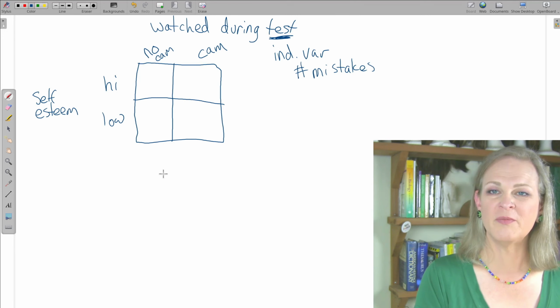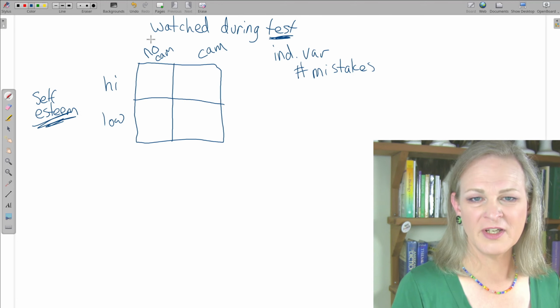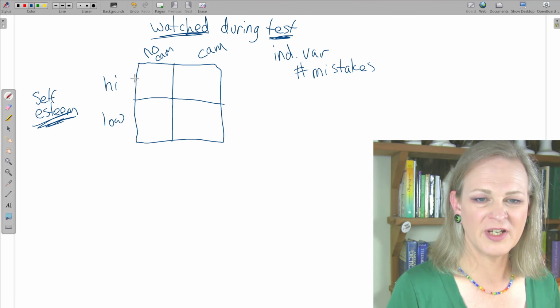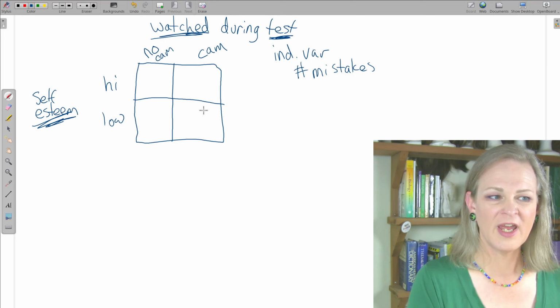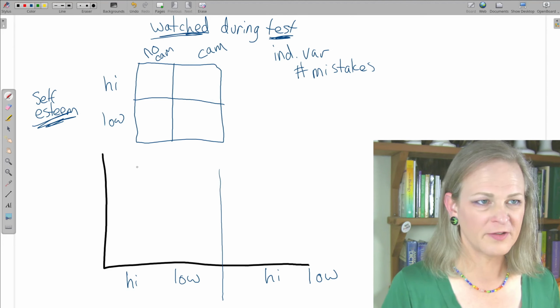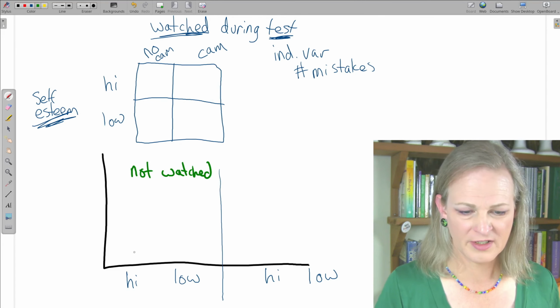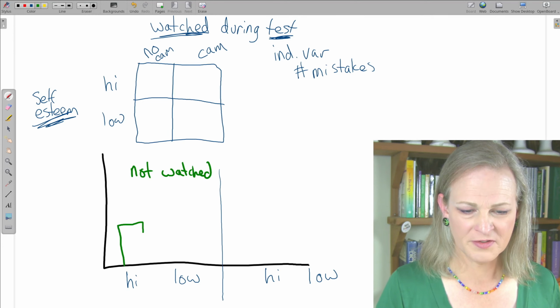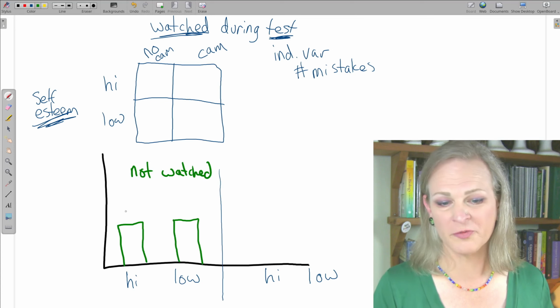So this is what we mean by two-factor. One factor is self-esteem, and one factor is watched, and so we can see there's four different groups here. And that's why I've divided the spreadsheet up this way. So what they found when students were not watched is that the students of high and low self-esteem had about the same number of mistakes.